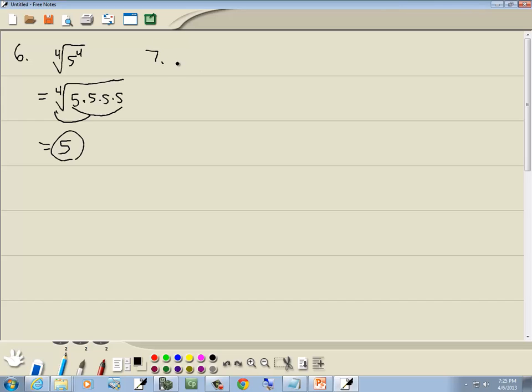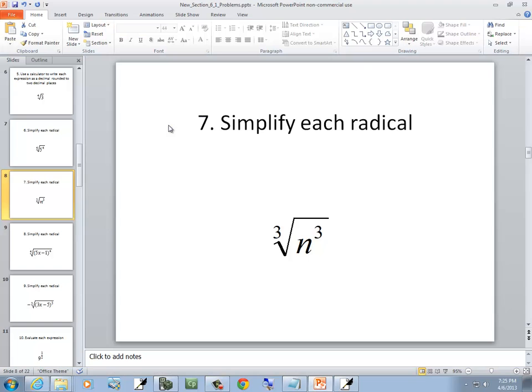And like I say, there are some special cases we're going to talk about. But let's look at this one. Our index is 3, our power is 3. So again, those basically cancel each other, and our answer is the inside.